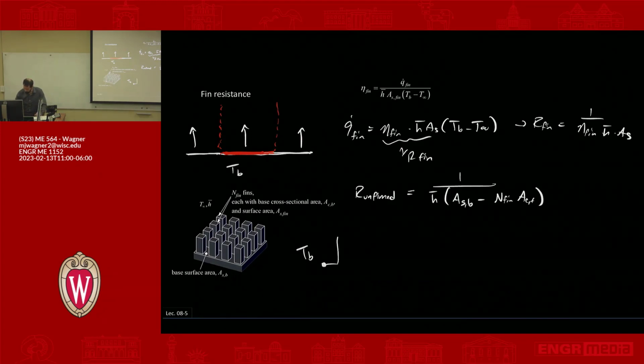So we would go up here and have fin 1. All right, so we call this R fin 1. We have R fin 2, and so on, out to R fin N.